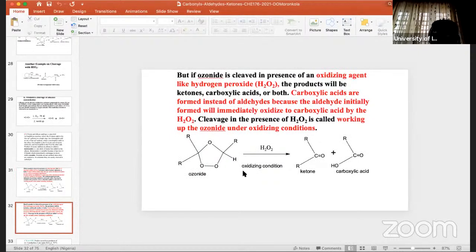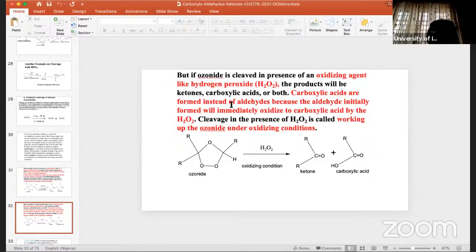Whereas if the workup is an oxidizing condition, the ozonide cleavage in the presence of an oxidizing agent like hydrogen peroxide gives ketones and carboxylic acids, or both.